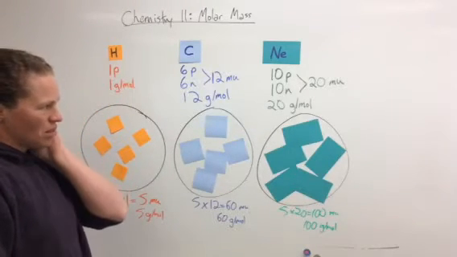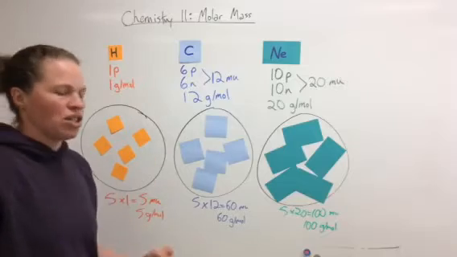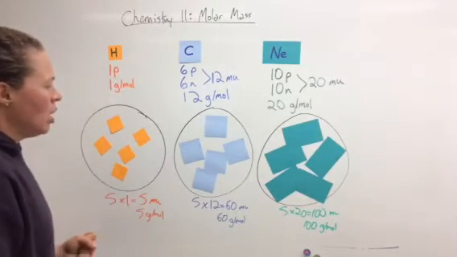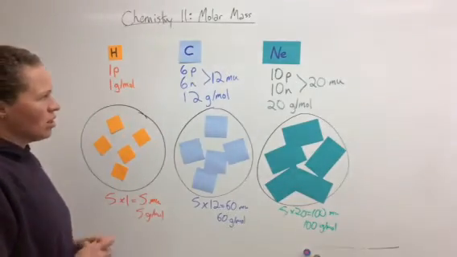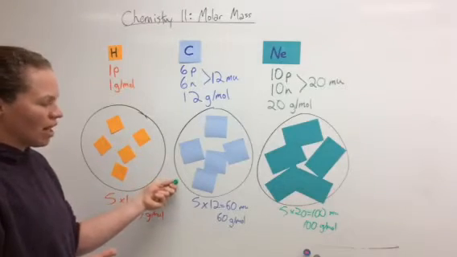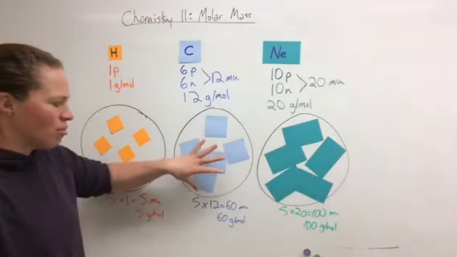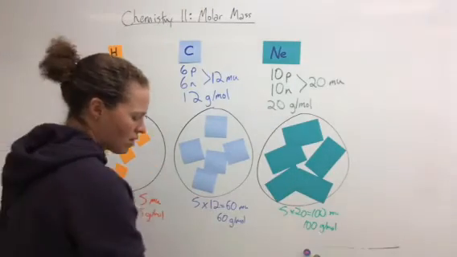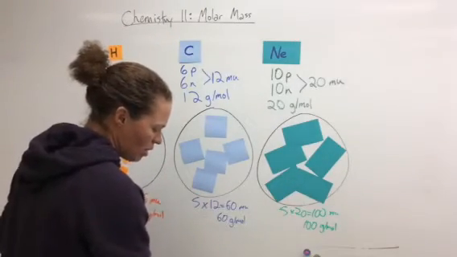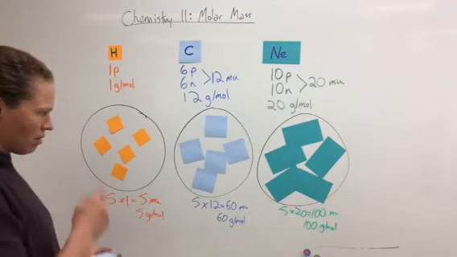Now, here's where we try to stretch it a little bit. If I wanted to have 12 actual grams of carbon, I would need a certain number of these carbon atoms to have that created.